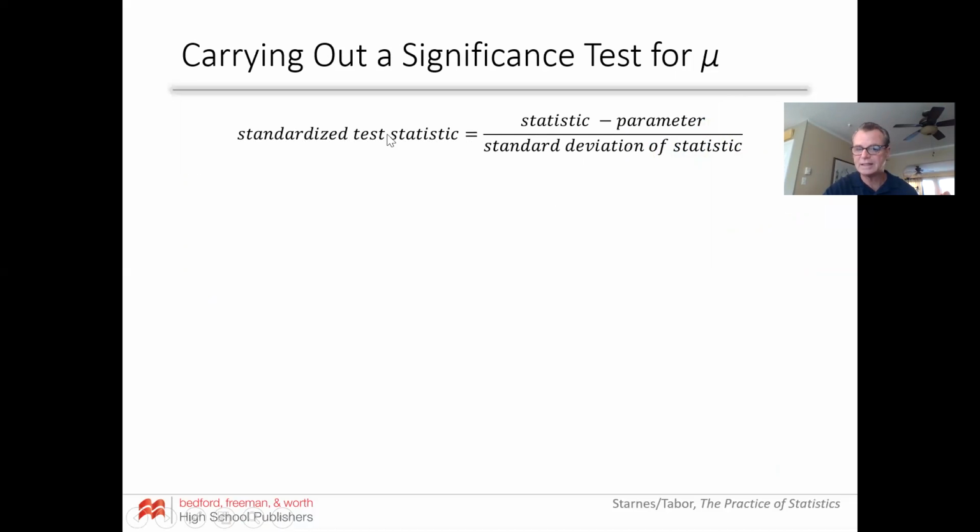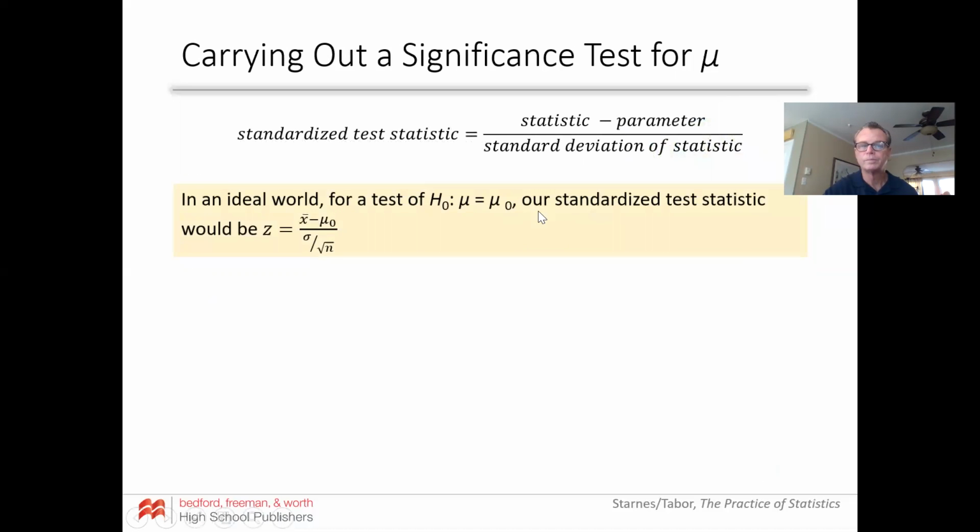The standardized test statistic is your t-score. Now, in theory, it could be a z-score. See, z's go with proportions, t's go with means. But if you knew sigma, the population standard deviation, you could use a z-score because then you could fit it to the normal curve.